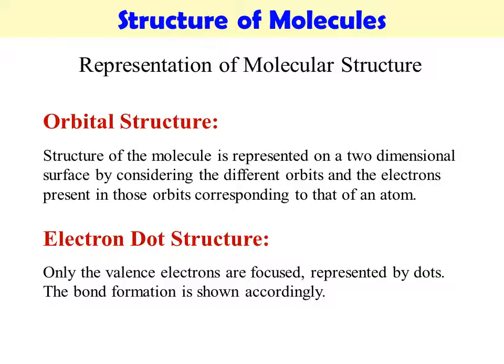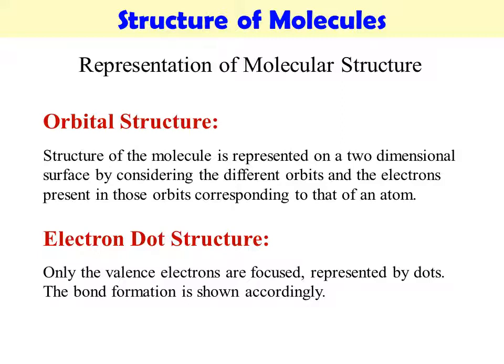Only the valence electrons are considered. And how are the valence electrons represented? By dots, nothing else. You make it similar to a full stop. So the electrons are represented by dots, and only the valence electrons are considered.